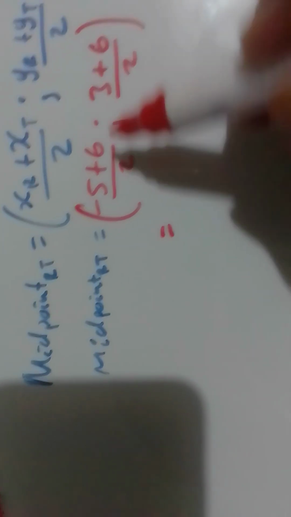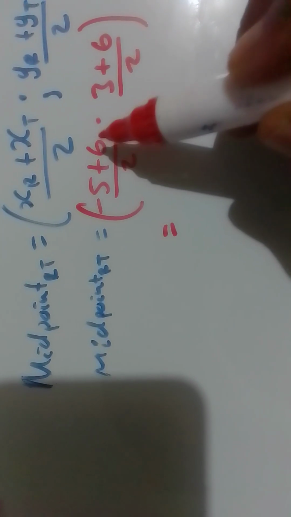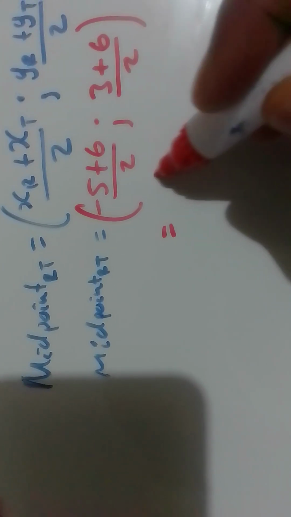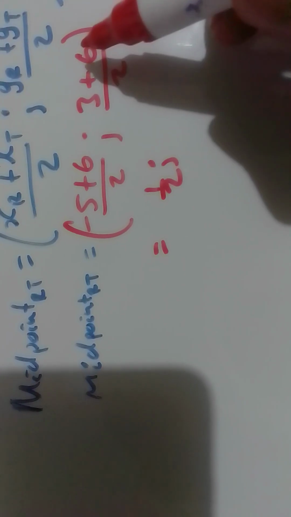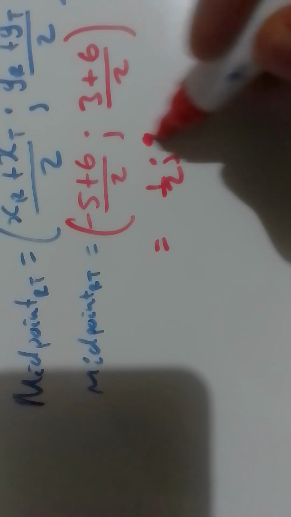Here -5 plus 6 is the same as 6 minus 5, which is 1, so we've got 1 over 2. And 6 plus 3 is equal to 9, so we've got 9 over 2.